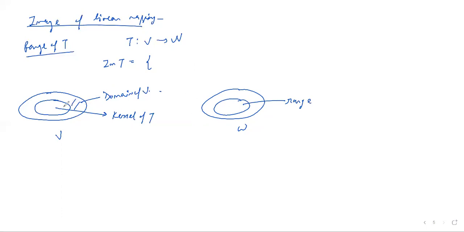This mapping goes like this, and this is my zero vector. So all the kernel elements of T are mapping to the zero vector.